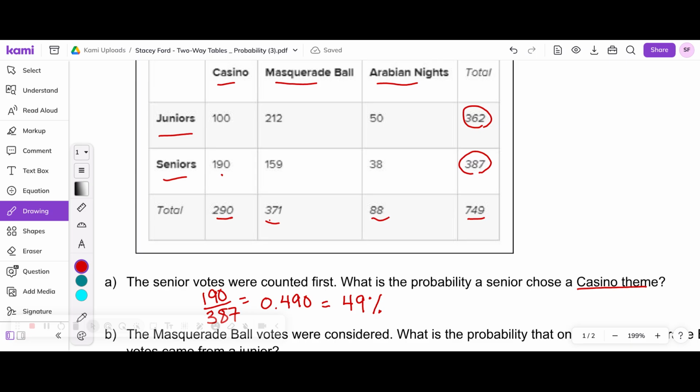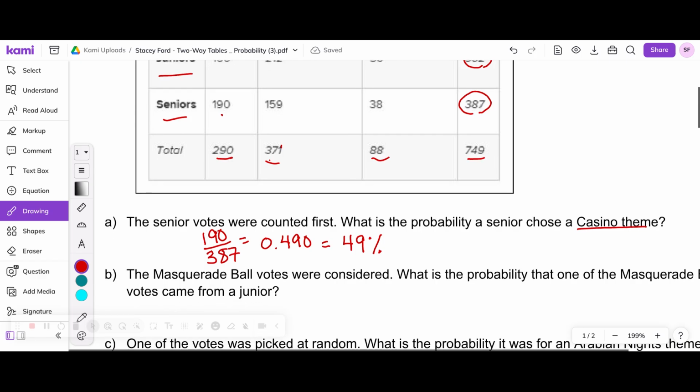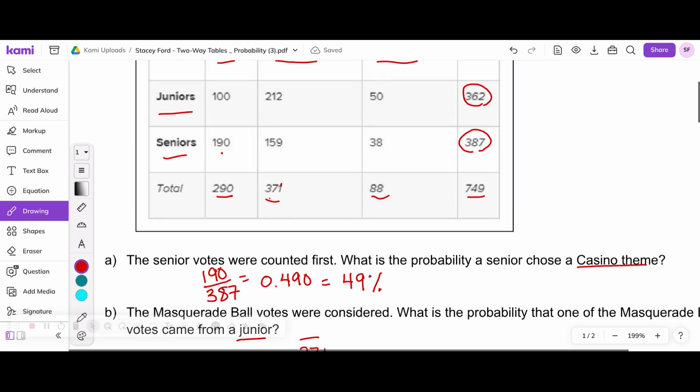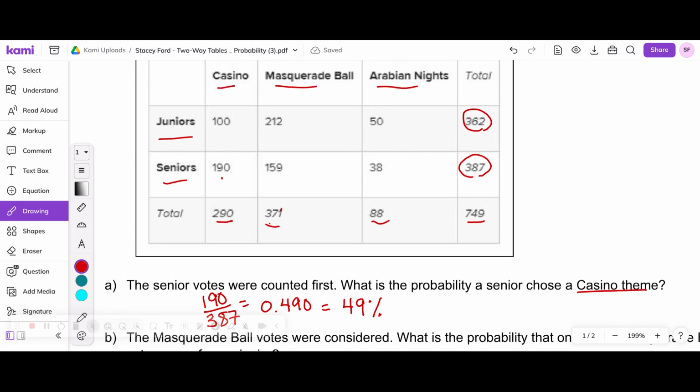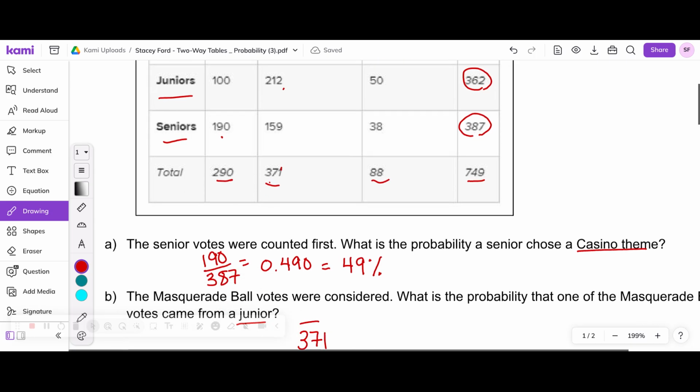So the next one we're going to do is the masquerade ball votes were considered. So masquerade ball, we're going to go with all of them. So the bottom number is going to be 371. And what is the probability that one of the masquerade votes came from a junior? So we're going to look under masquerade, and we look at junior, 212.